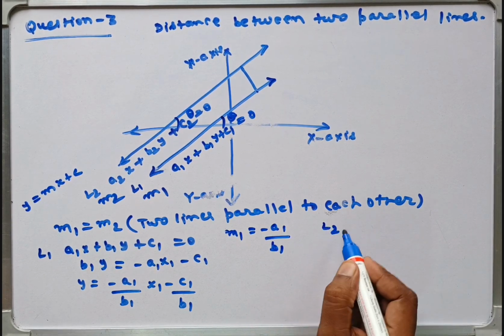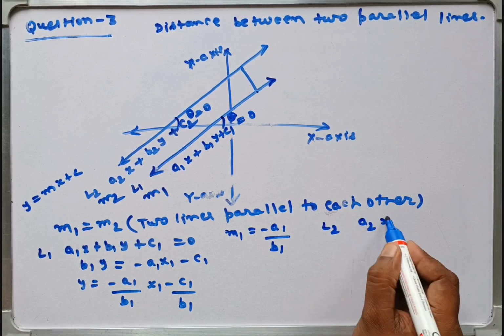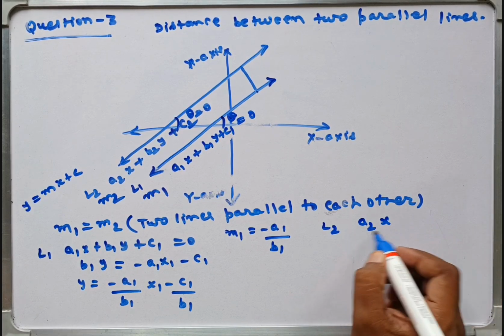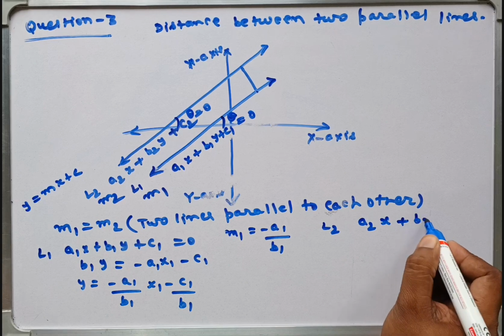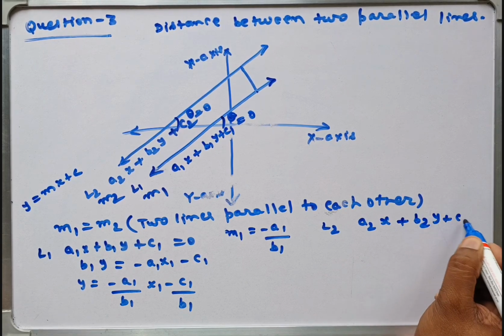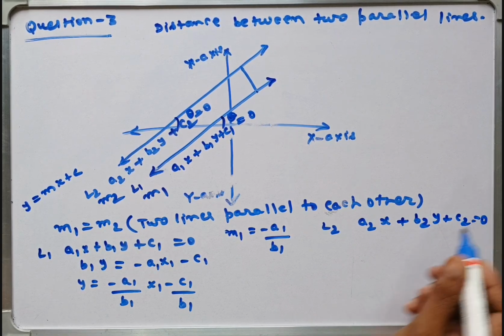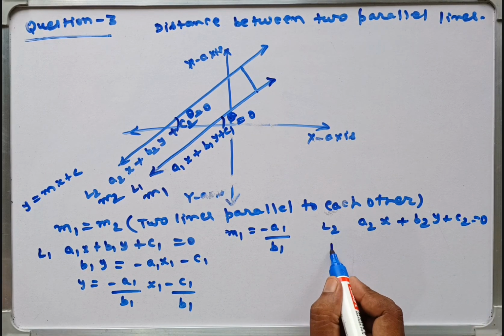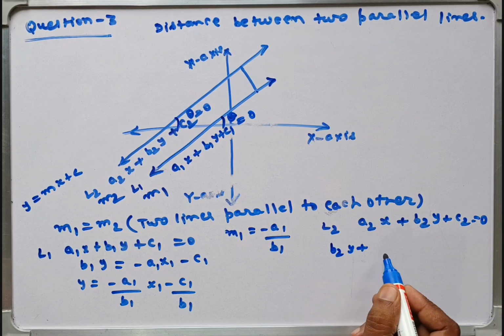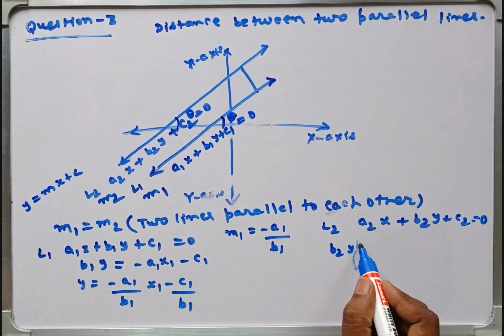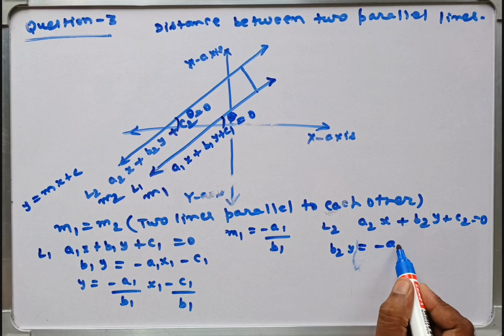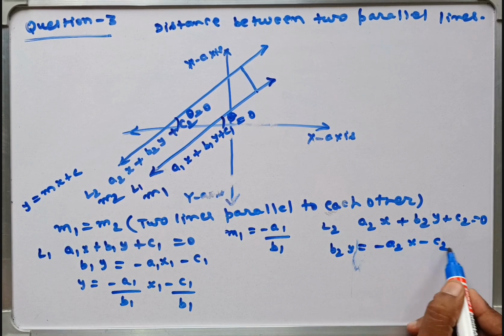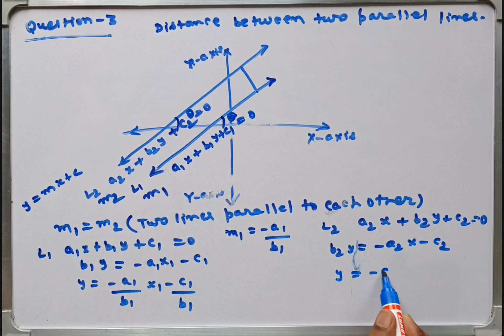So L2 equals a2x plus b2y plus c2 equals 0. So what do we write in this case? b2y equals minus a2x minus c2, or y equals minus a2 divided by b2 x minus c2 by b2.